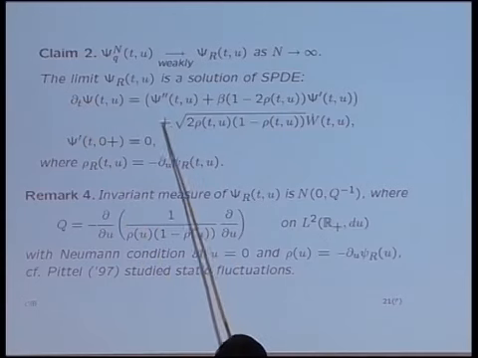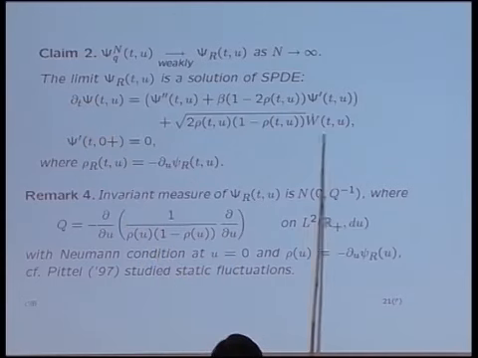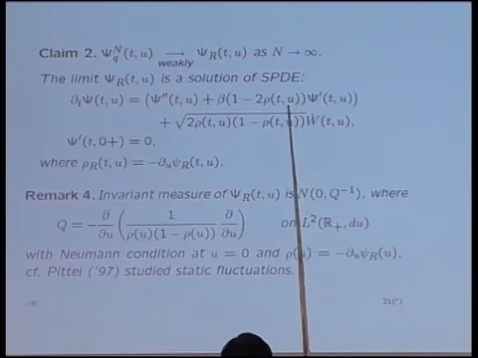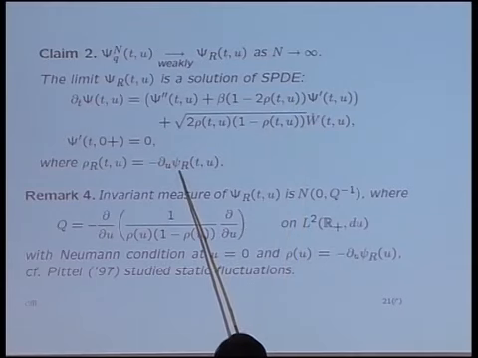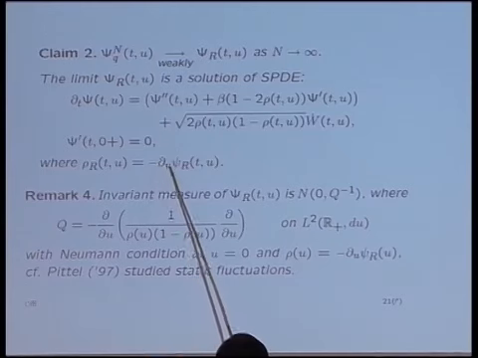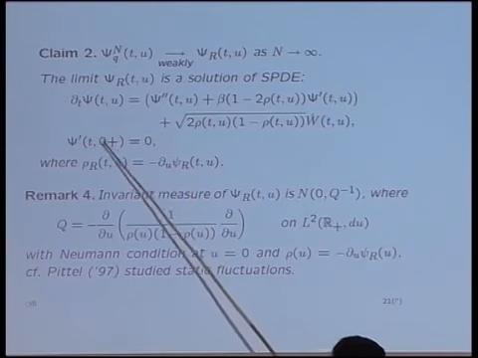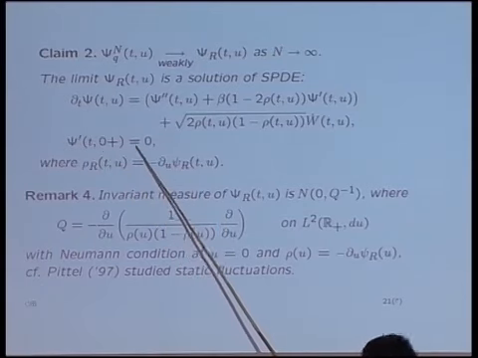So the limit is the solution of this Ornstein-Uhlenbeck process with coefficient rho. But rho is minus the derivative in space of the solution of the nonlinear PDE, with the Neumann boundary condition at 0.